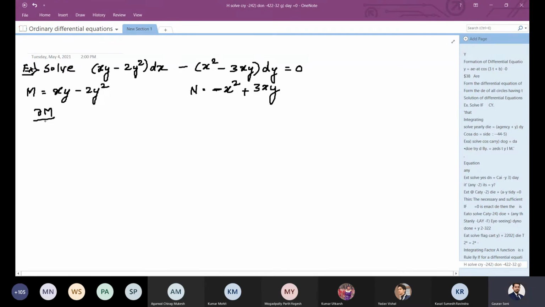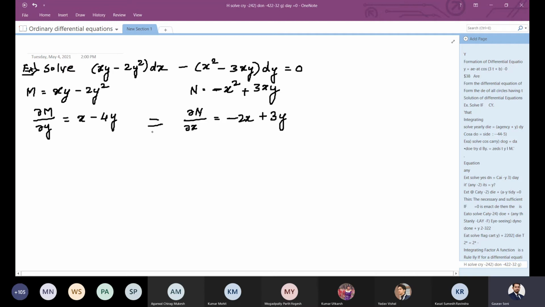The partial derivative of M with respect to y is x minus 4y. The partial derivative of N with respect to x is minus 2x plus 3y.